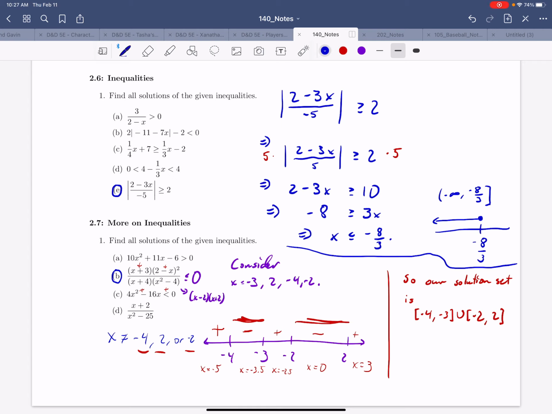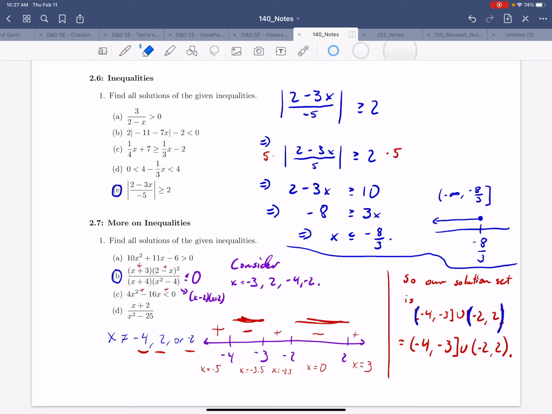So really, we should change that to not being inclusive. So what we're left with, just to be a little clearer looking, that's our answer.